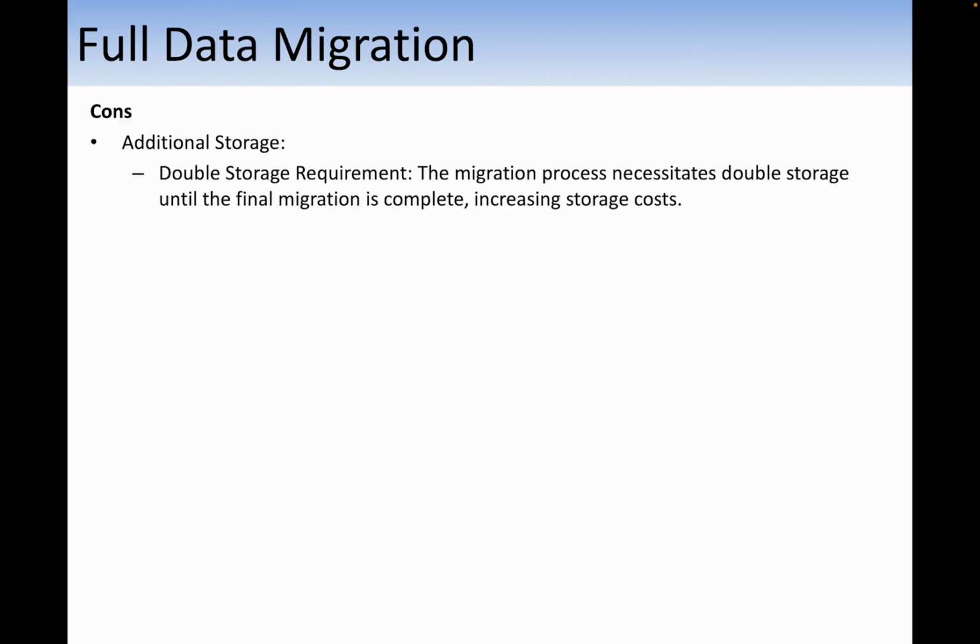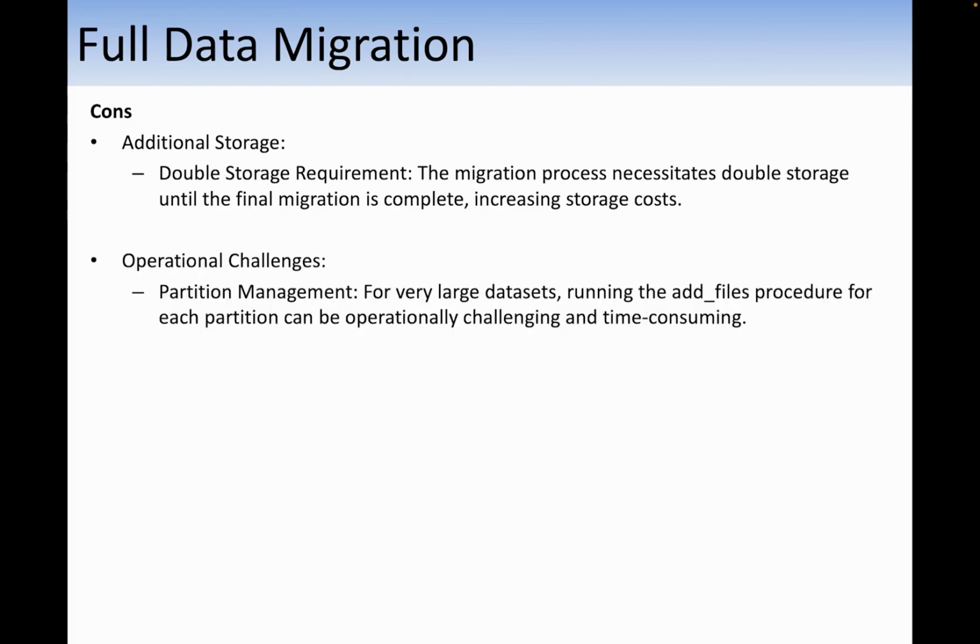Okay, what is the disadvantage? You need additional storage, right? Because you're copying the files from one location to another, you're duplicating, so you need additional storage. It costs, but you don't have a choice if you have a streaming application, particularly with massive throughput, right? It's difficult to shut down your Spark stream, your Kafka streaming, and then you have to do full data migration.